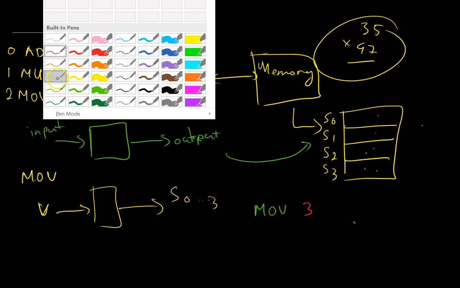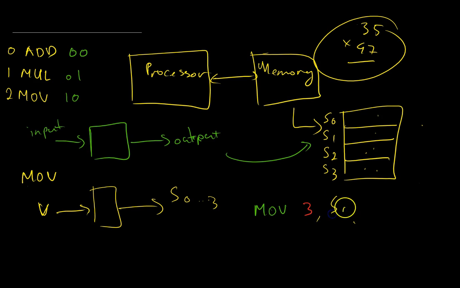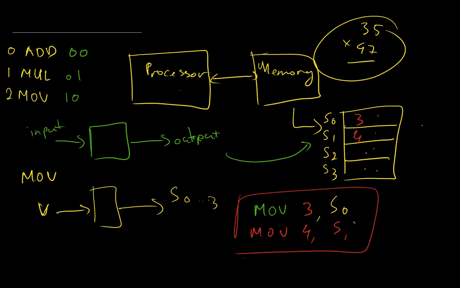And that's just a regular number, into S0, right? And all that means is after the processor executes this instruction, the value within S0 is going to be 3, right? And this is all this does. So we can move, for example, 4 into S1, all right? And now S1 will have 4.